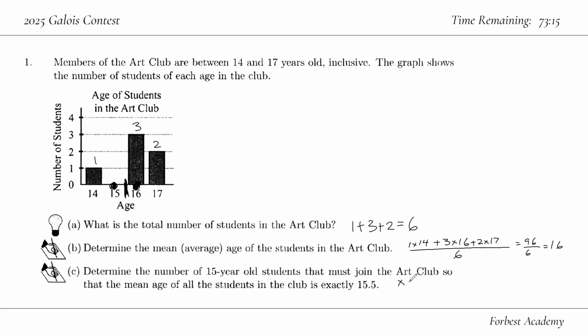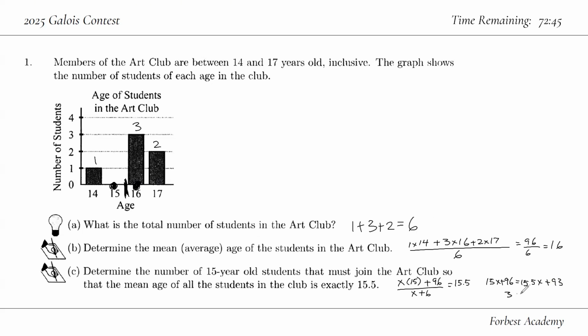Let's say x is the number of 15-year-olds that join, and right now the sum of the other students' ages is 96, and this divided by x plus 6 is going to be 15.5. Solving this equation, we get 15x plus 96 equals 15.5x plus 93.